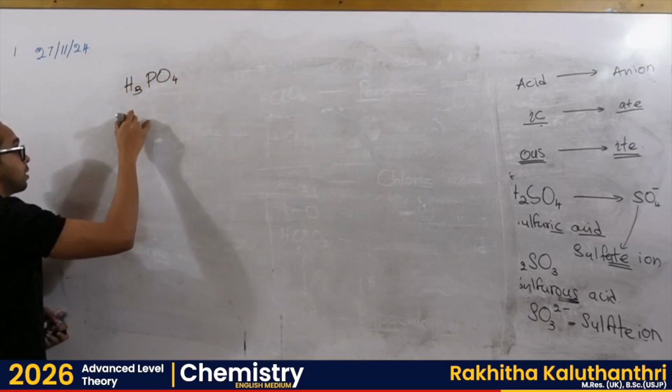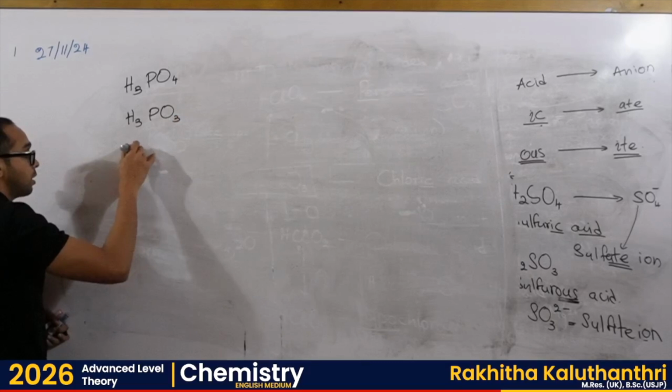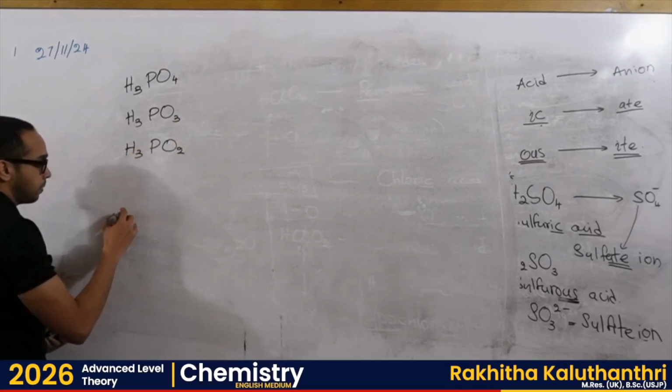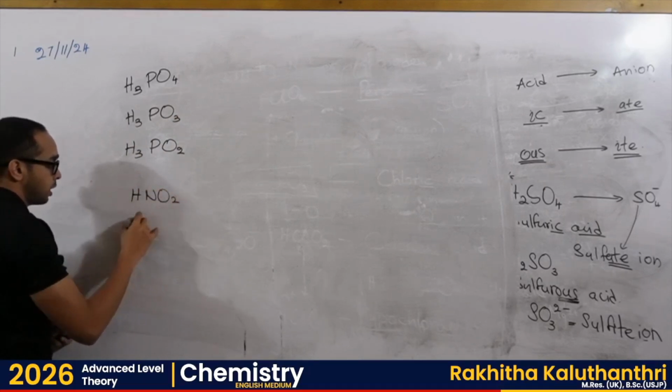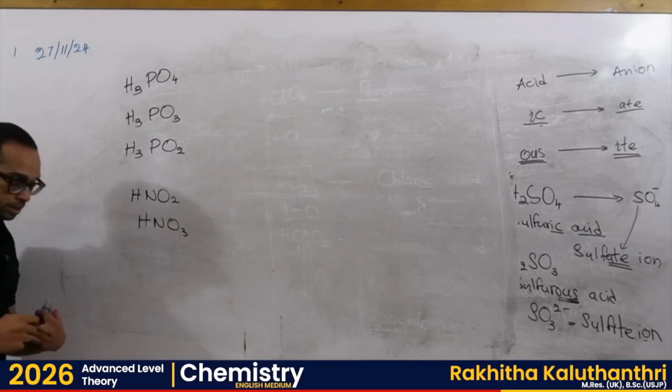H3PO4, H3PO3, H3PO2, and then HNO2 and HNO3. Write the names of these acids fast.